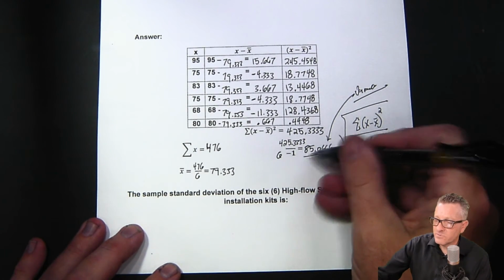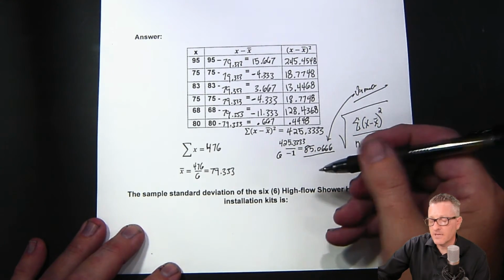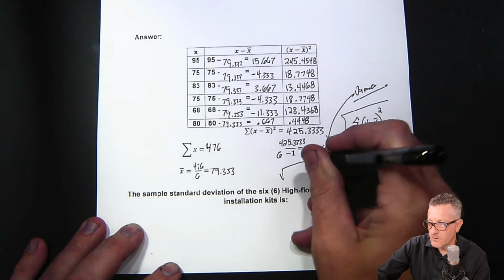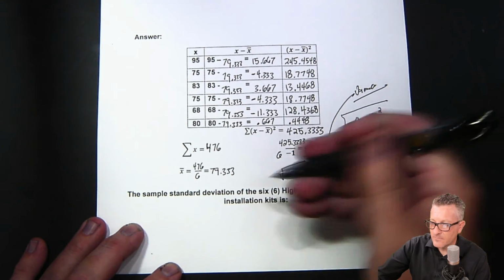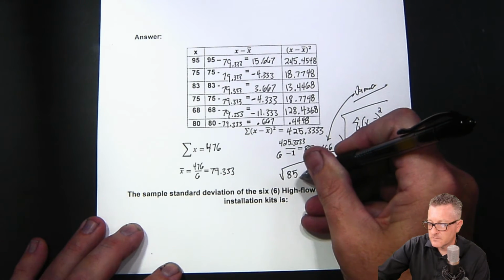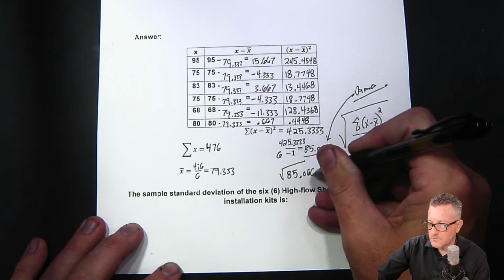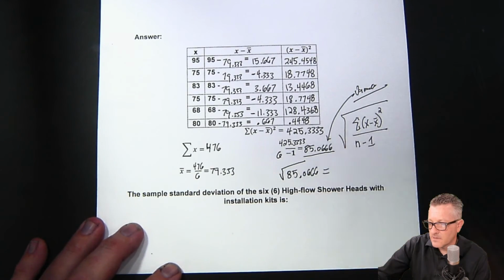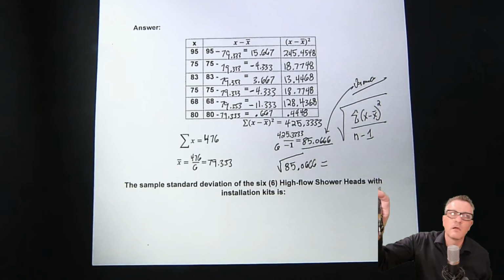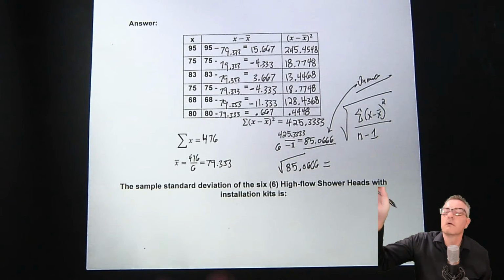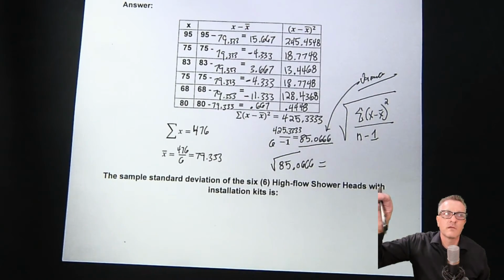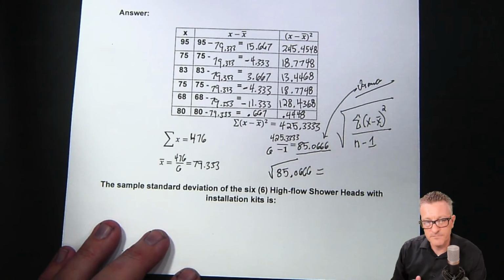So what we do is we take this variance and we get the root. That's putting the hat right there. Once we figure that out, we will have our standard deviation as our answer.